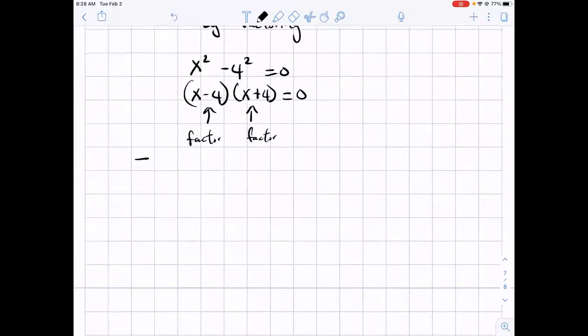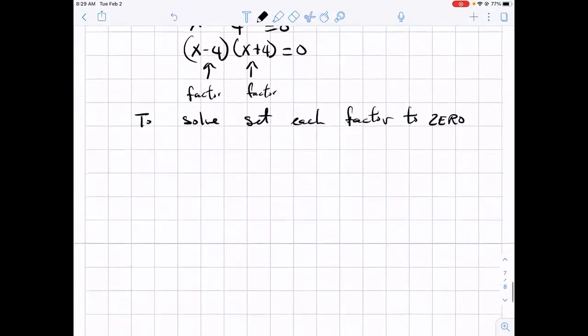Now, to solve, set each factor to 0. So we have x minus 4 equals 0 and x plus 4 equals 0. Now we can solve these linear equations.